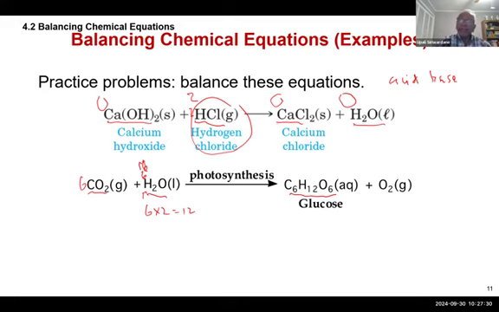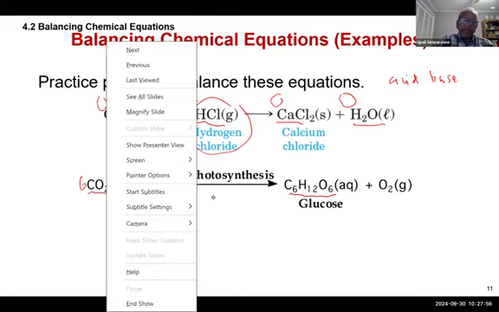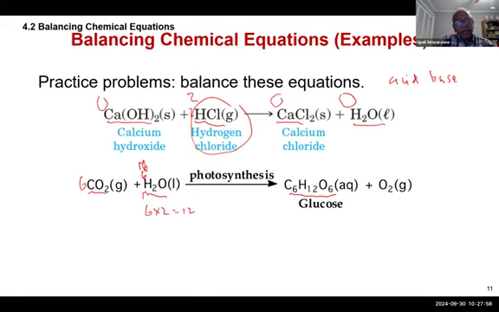Now you balance the oxygen. There's 6 oxygens, 18. There's a 6 oxygen. There's 12 oxygens here. 6 oxygens, 18.